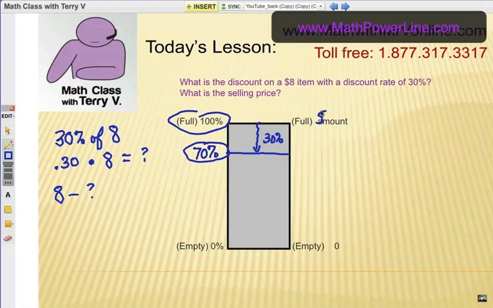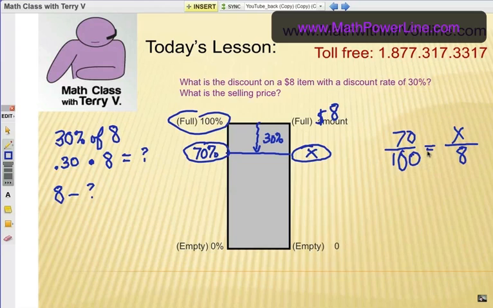The full amount is, in this case, $8, and we are looking for what that is. So, proportion: 70 out of 100, you're only going to pay 70% of the full price, equals how much out of $8? Cross multiply and solve.